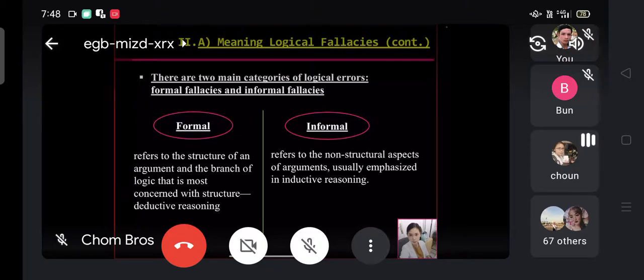And for the informal fallacy, it is an error in the content of your argument. The idea might be arranged correctly, but something you said in the content is wrong. Okay, move to the next slide.